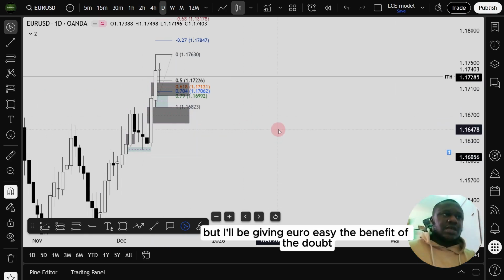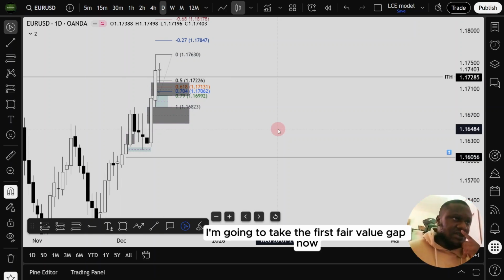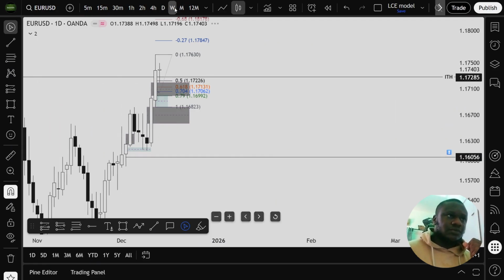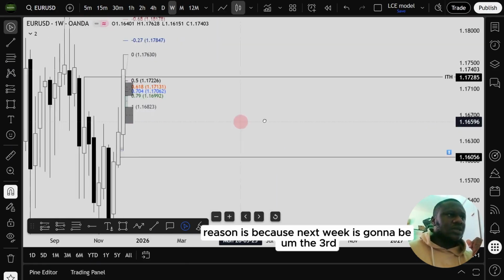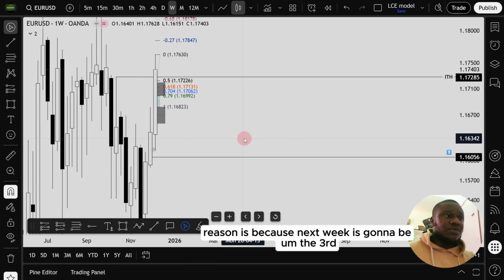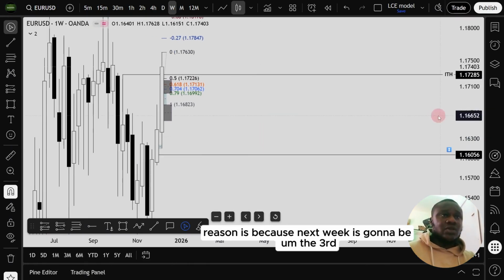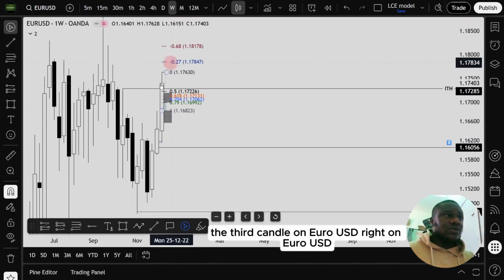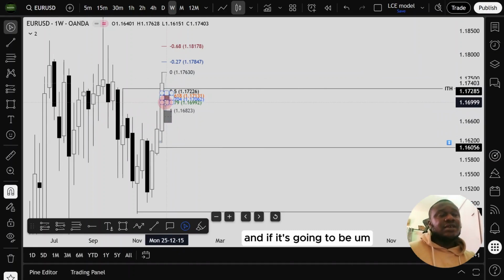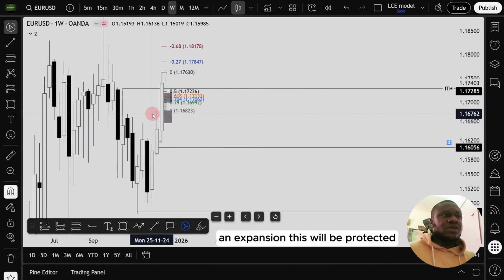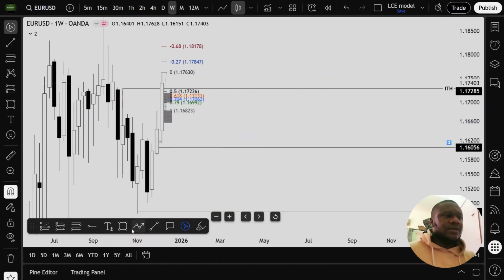But I'll be giving EURUSD the benefit of the doubt. I'm going to take the first fair value gap. The reason is because next week is going to be the third candle on EURUSD, and if it's going to be an expansion, this will be protected.